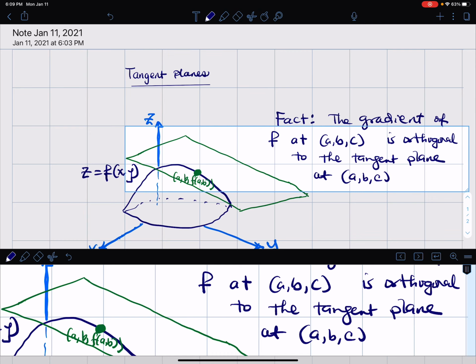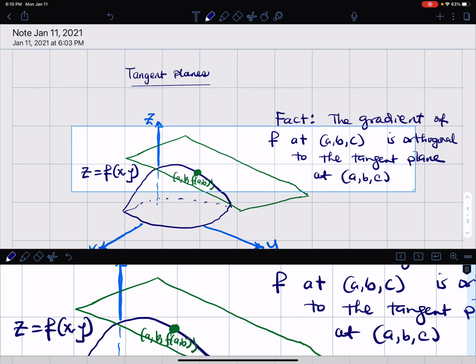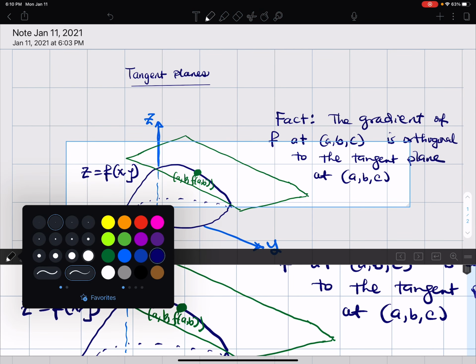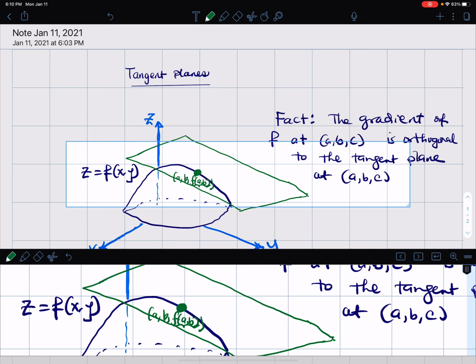In this case, we can regard f(a, b) as our c. So this point is (a, b, c).